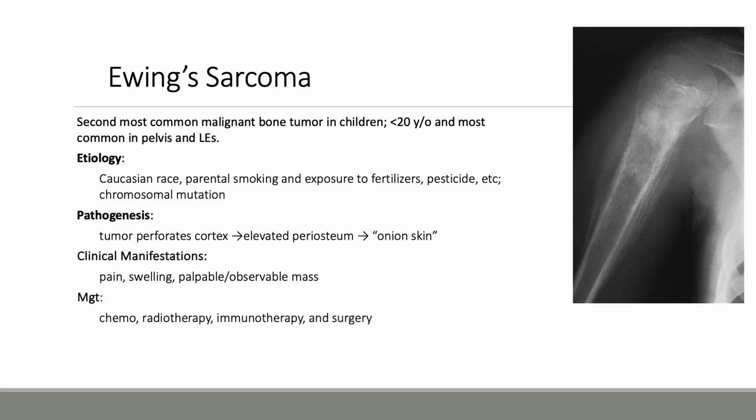Swelling is present in about 70% of cases, and both pain and swelling progress over time. Cure requires intensive therapy to control local and distant disease. Treatment modalities include chemotherapy, radiation, immunotherapy or biotherapy, embolization, and surgery. Local tumors are highly responsive to high-dose radiation.